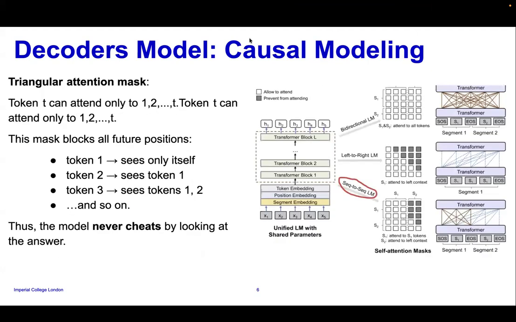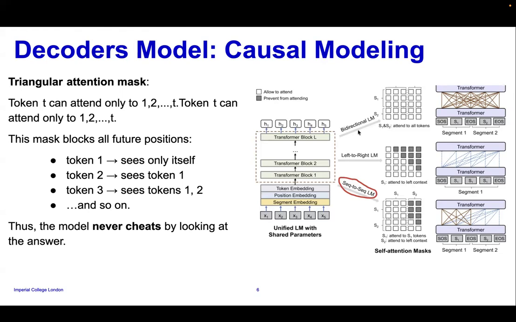And you can see here, for decoders we have what we call the triangular attention mask. This is an example. The decoder while training can only look at the previous tokens, but all these others are hidden. The decoder model cannot see the next word.